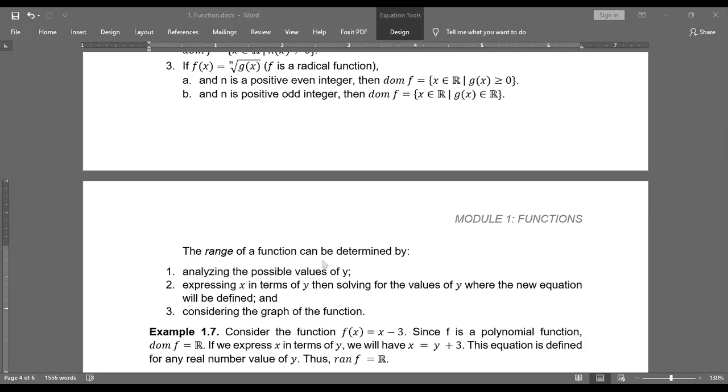Ano ba yan? Narinig ko yung usapan niyo. Okay, number 2. Sir, ang hirap po pala nito. Ano yun? Wala kaming masyadong maintindihan, sir.